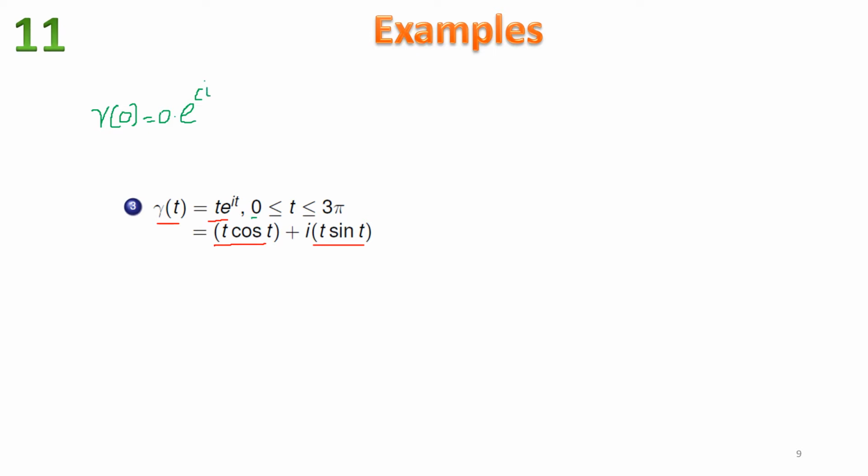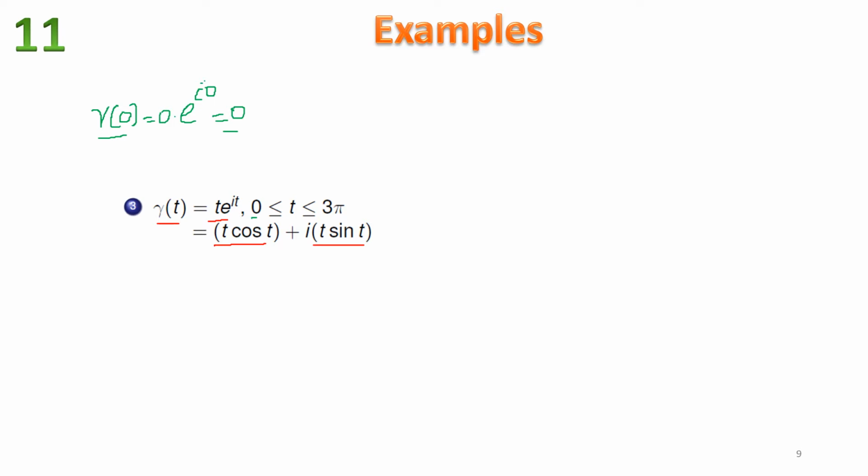Anything raised to 0 is unity, and that unity multiplied by 0 will be 0. Now you can see here, if you replace this t by 0, cos of 0 is 1, so the whole product is 0, and here t is 0 and sine of 0 is 0. So gamma of 0 is 0.